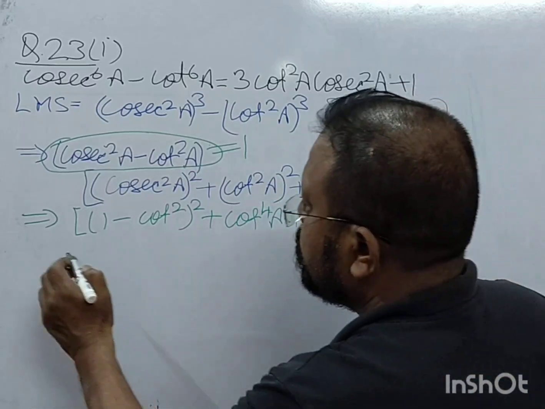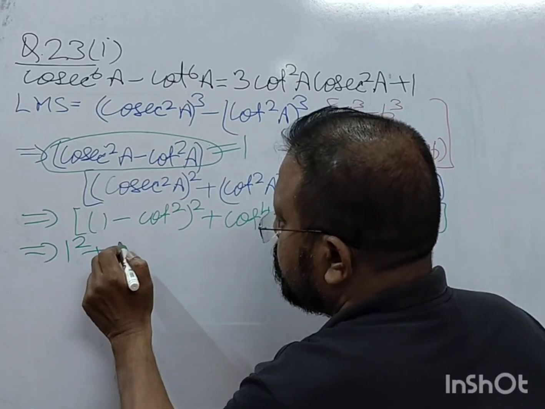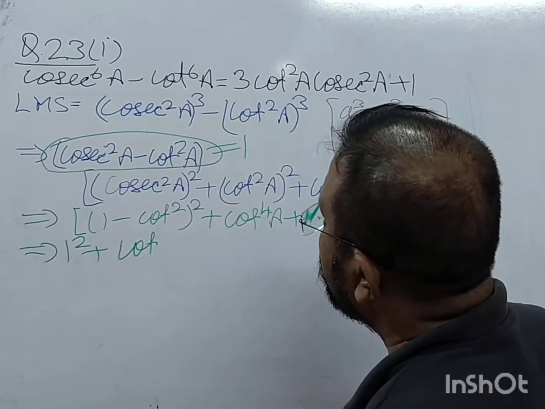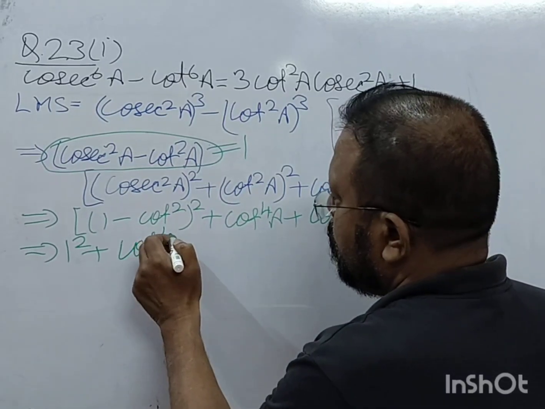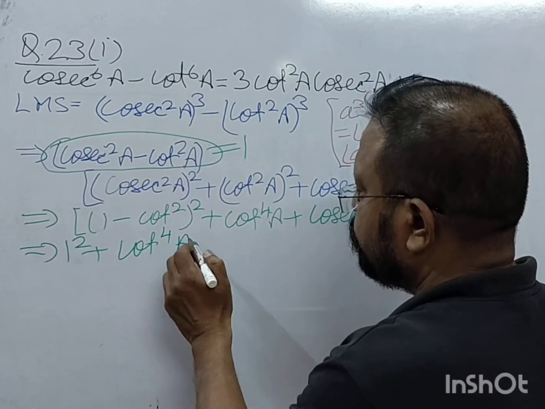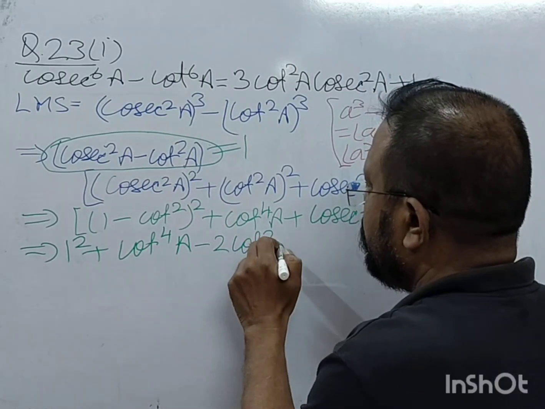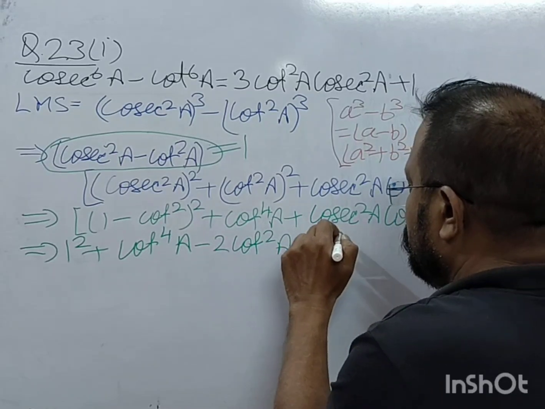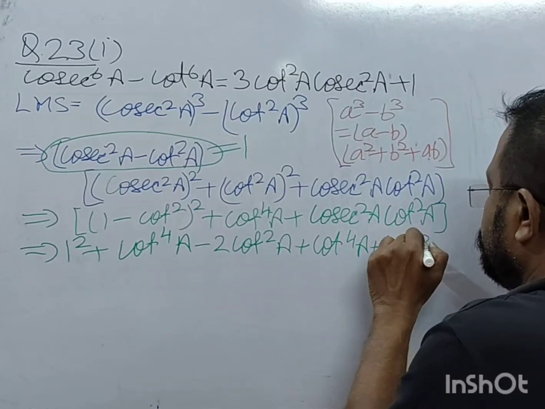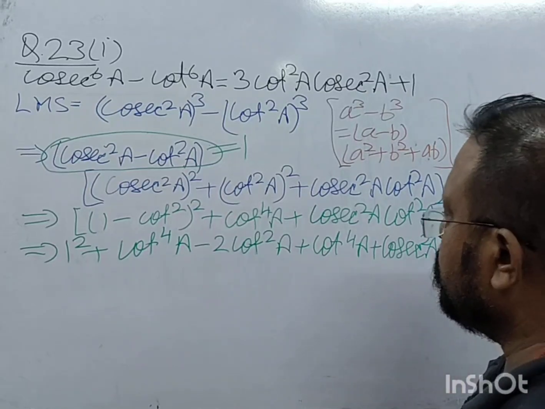So this will be opened again: 1 square plus cot raised to the power 4a minus 2 cot square a plus cot raised to the power 4a plus cosec square a cot square a. Right?